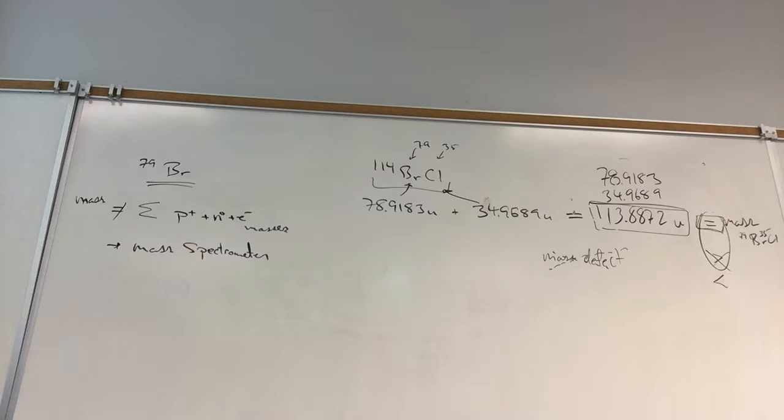And what should we use to calibrate the mass spectrometer? A standard mass, a 1 U standard mass. Is there such a thing as a 1 U standard mass? Why not? Is there something that weighs exactly 1 U?